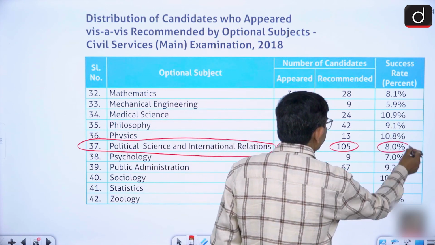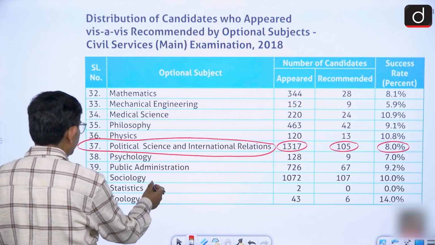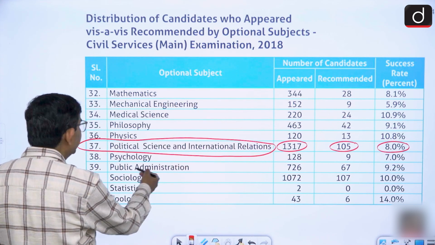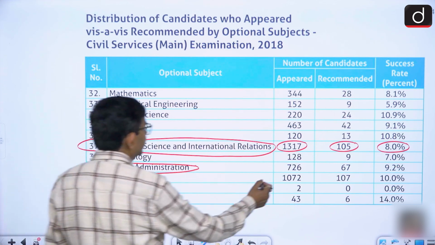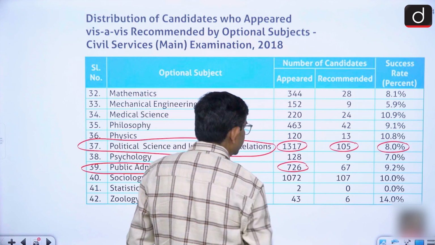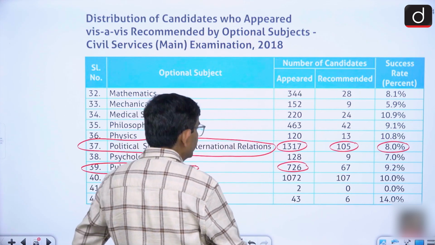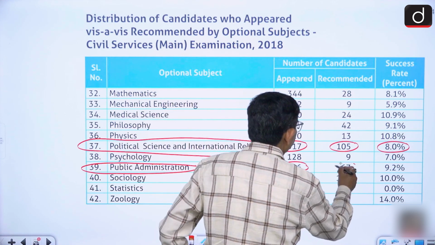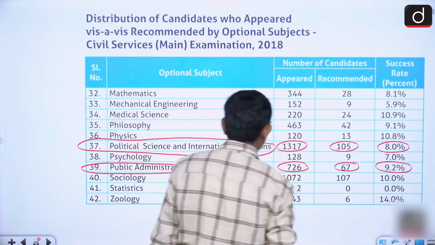Success rate 8%. Now sociology. You can take even public administration. In public administration, 726 candidates appeared and 67 recommended. So finally the success rate was 9.2%.